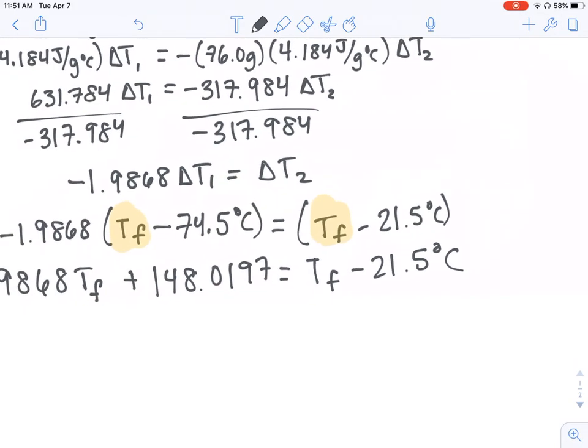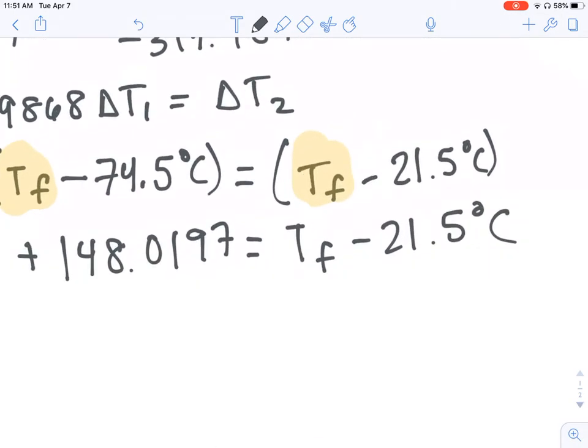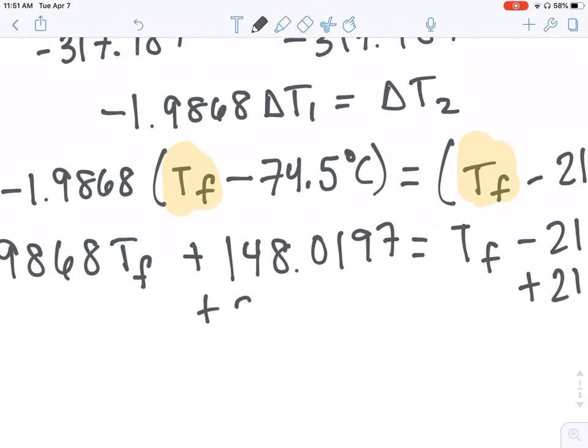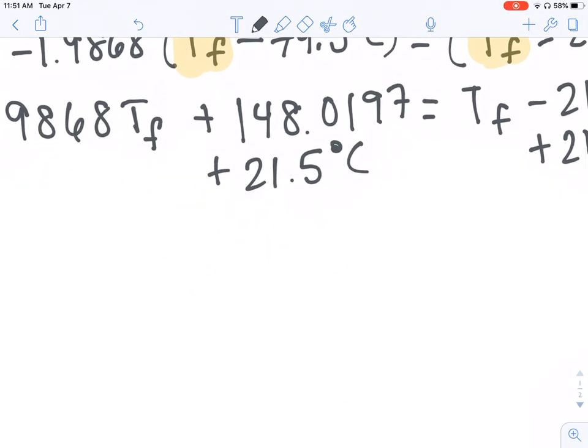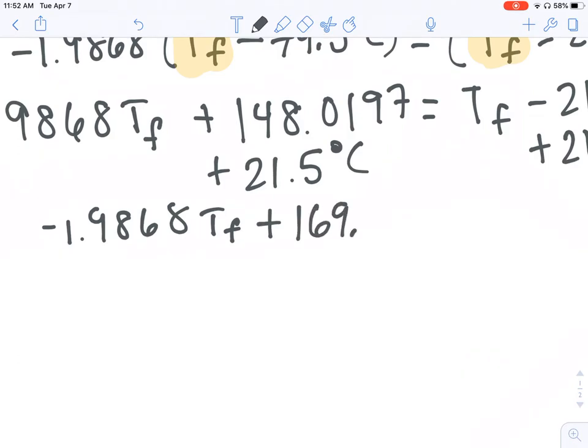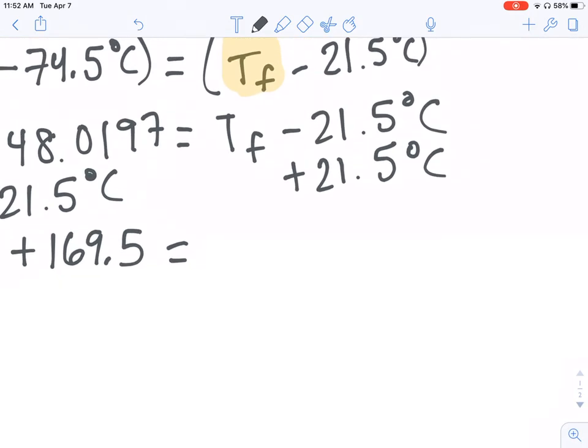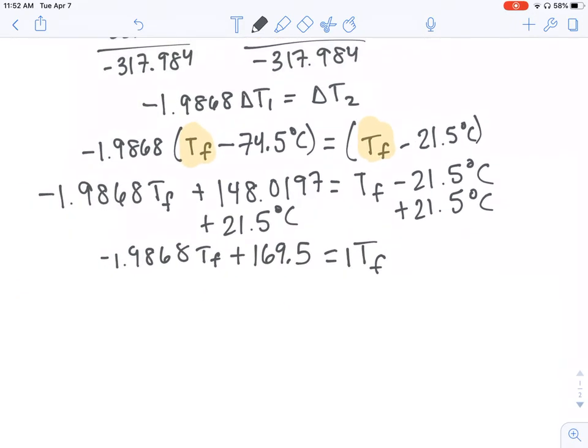All right. I'm going to start by adding 21.5 to both sides. All right, so when I do that, I will now on the left have negative 1.9868 times TF plus 169.5 equals TF on that side. And now this is really like 1 TF, remember? So it's like there's a 1 in front of it.